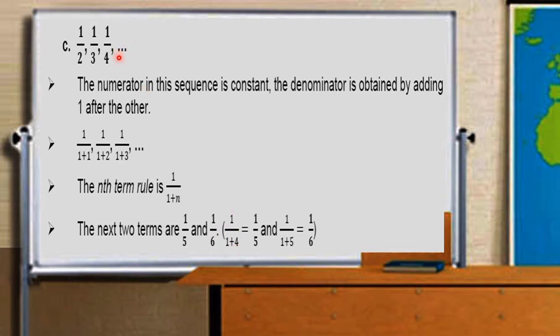So, si 1/5, pang fourth term siya. So, kukunin ngayon natin yung pang fifth term. Fifth means 5. So, 1 over 1 plus 5 equals 1/6. So, ang kasunod ng sequence na to, ang after ni 1/4 ay 1/5, after ni 1/5 ay 1/6.